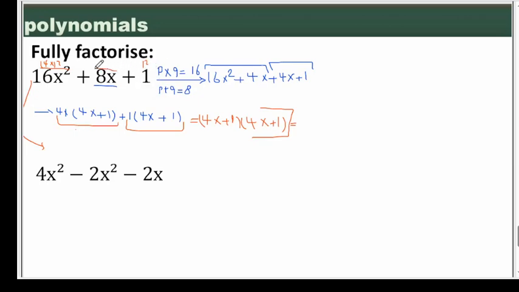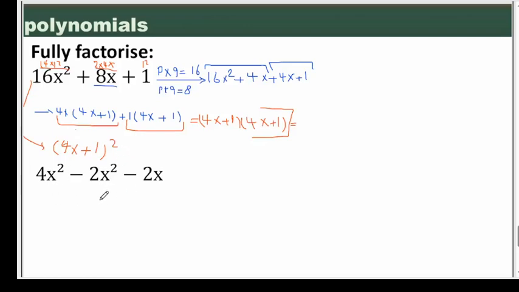The middle term would be 4x times 1 times 2, that means twice 4x times 1, so 4x. So I can say it would be 4x plus 1 to the power of 2.